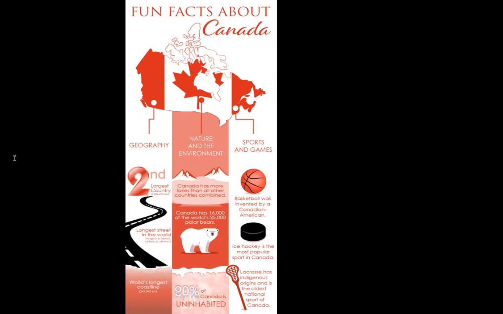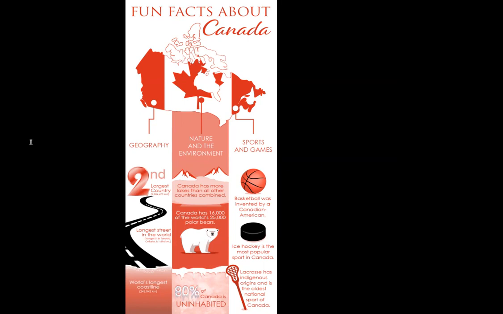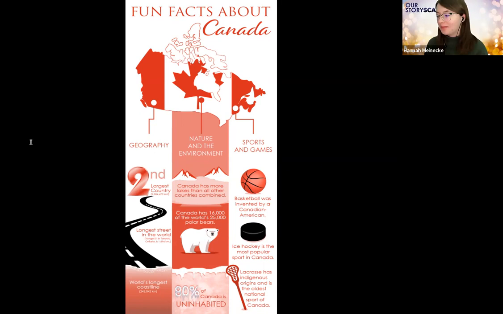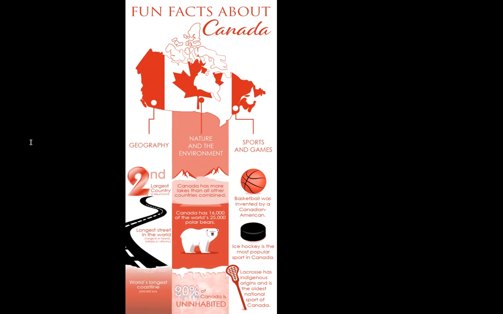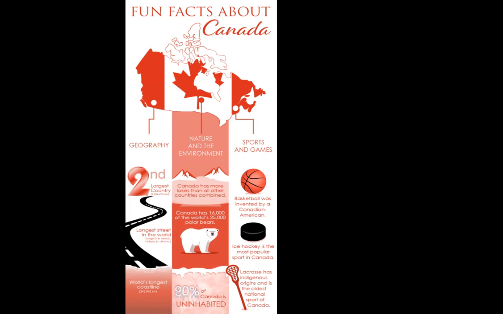We are going to look at the geography right here. Canada happens to be the second largest country. Wow, it covers a lot of land. But I imagine the first largest country is Russia, I think. That makes me curious. Probably, definitely.